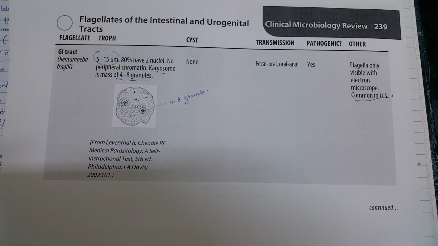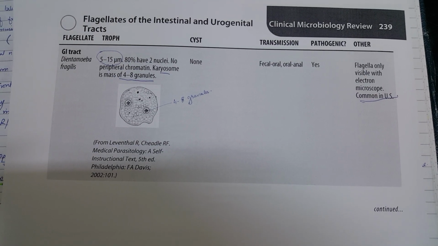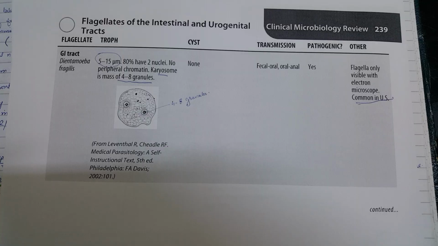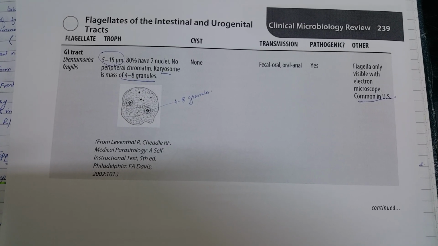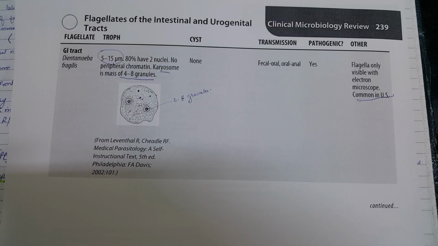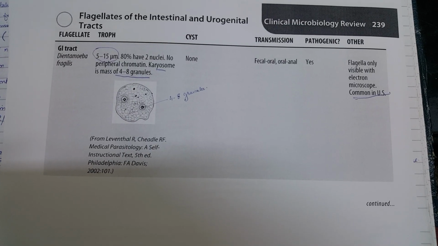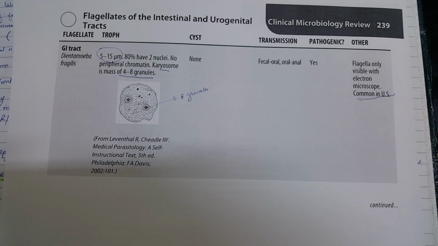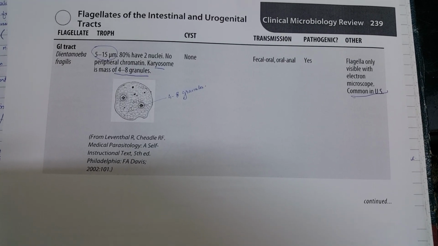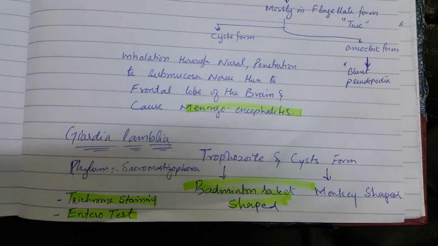No peripheral chromatin. The karyosome is a mass of 4 to 8 granules. You can see inside the nucleus there is a karyosome, and the karyosome has 2 to 8 granules, and this organism is pathogenic. Flagella are only visible with the electron microscope. It's a very common organism in the US.